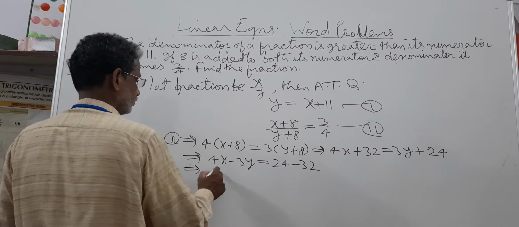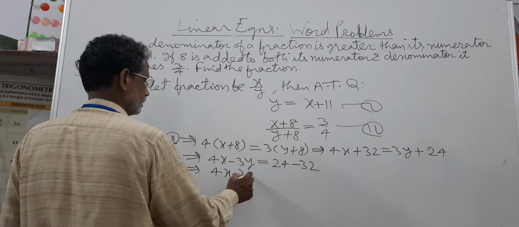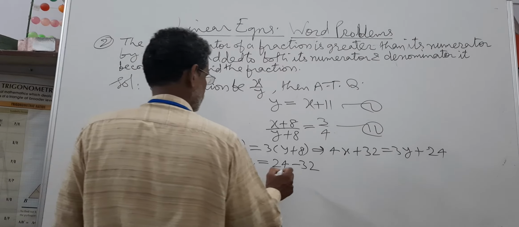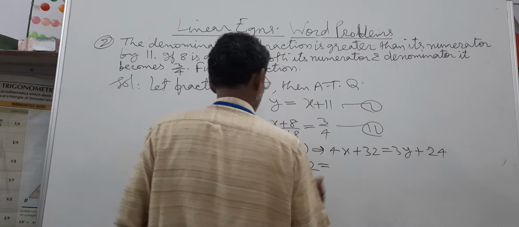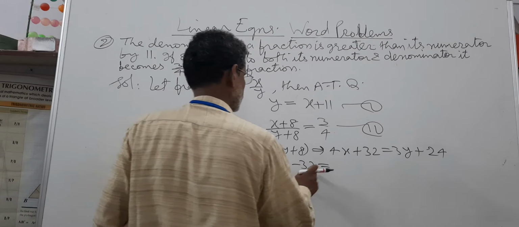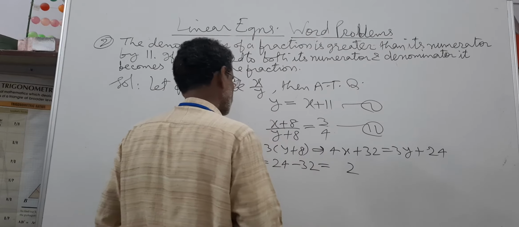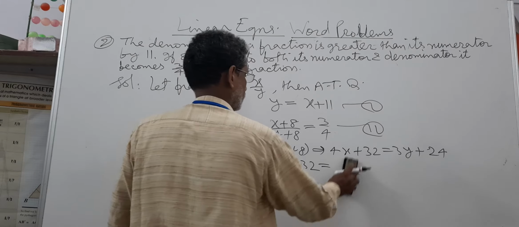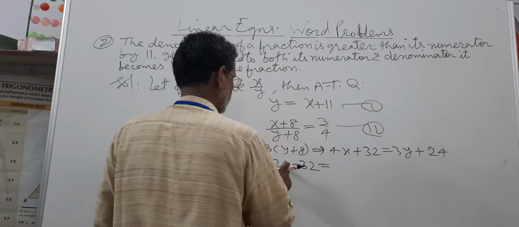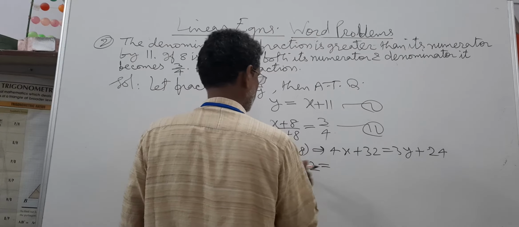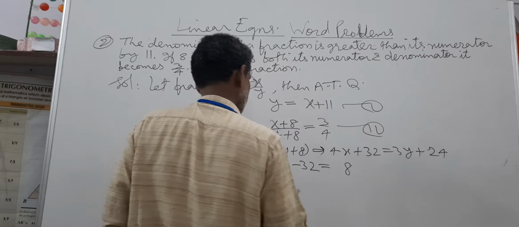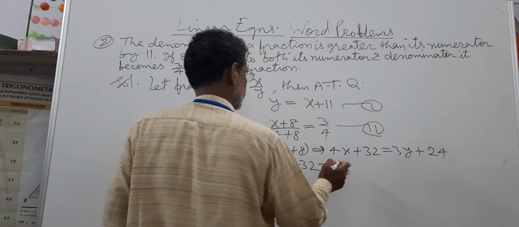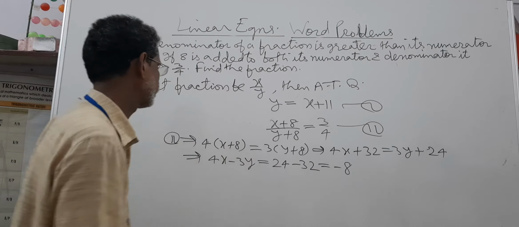This implies 4x minus 3y is equal to minus 8, because the bigger number is negative, so the result is minus.